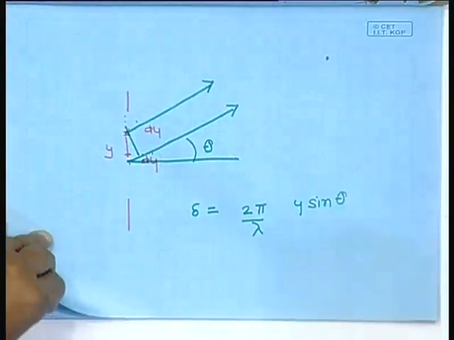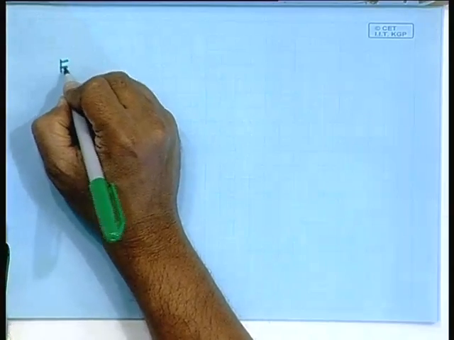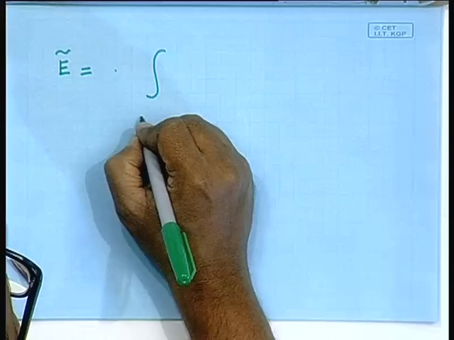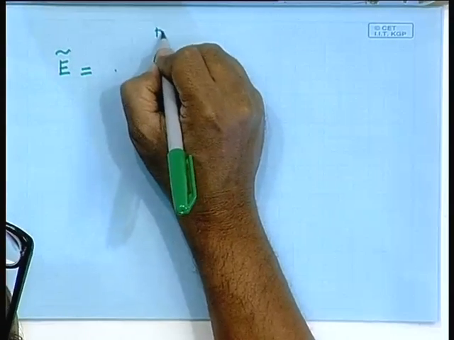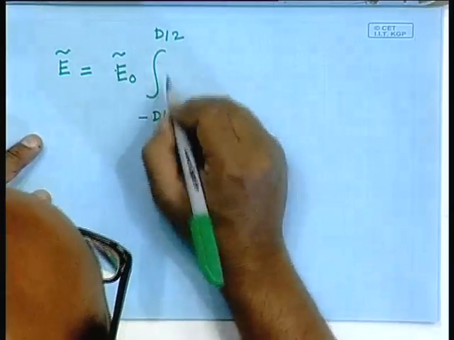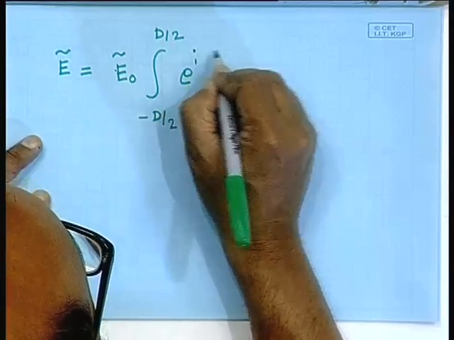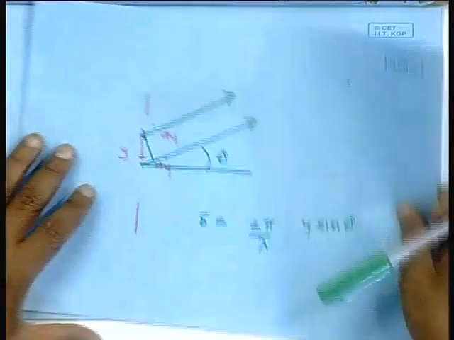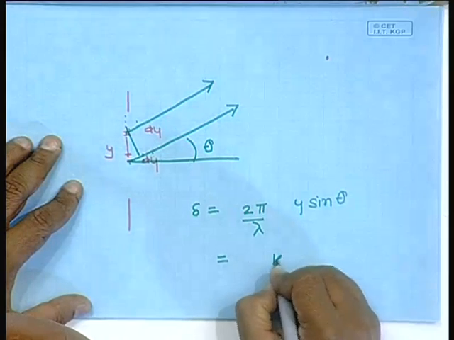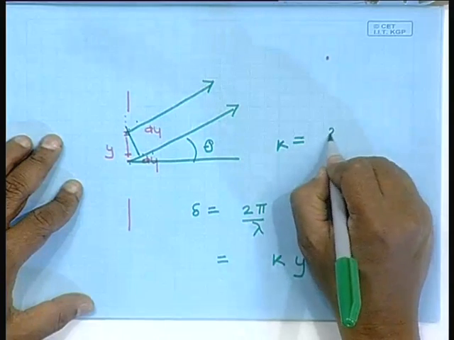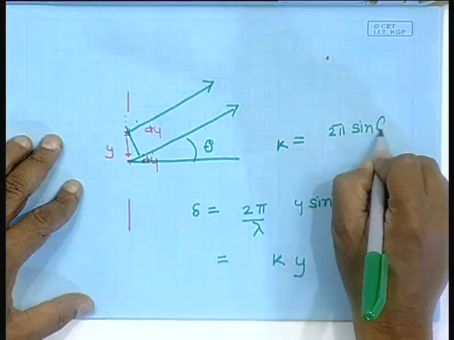So, the resultant electric field, the resultant wave at any angle theta is the superposition of all of those contributions, which is an integral from minus d by 2 to d by 2 of E naught, that is the overall amplitude, e to the power i delta, and delta we see can be written as k into y, where k you can see from here, k is 2 pi sin theta by lambda.